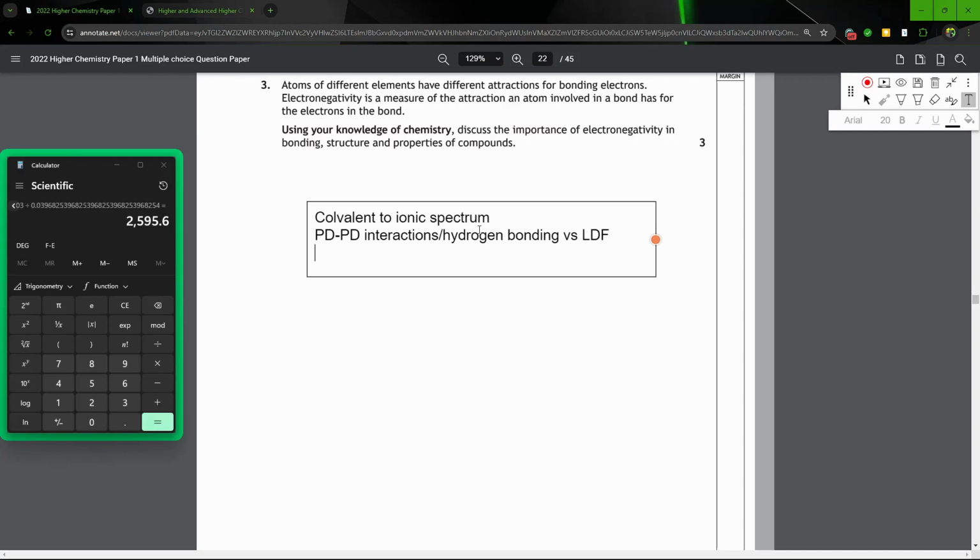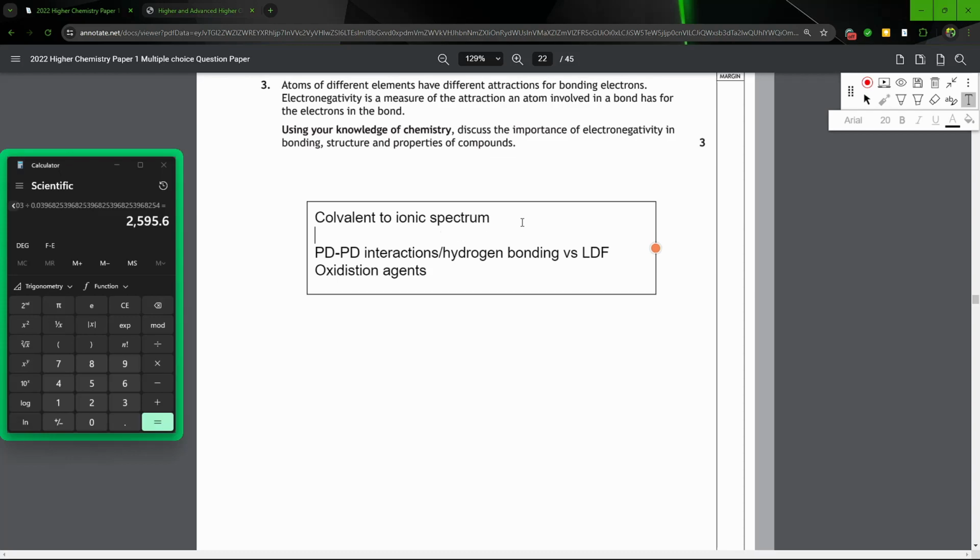And you can also talk about oxidation agents, as higher electronegativity means they want to get more electrons, so they're good at oxidation agents. So let's go through these one by one and just start yapping on.